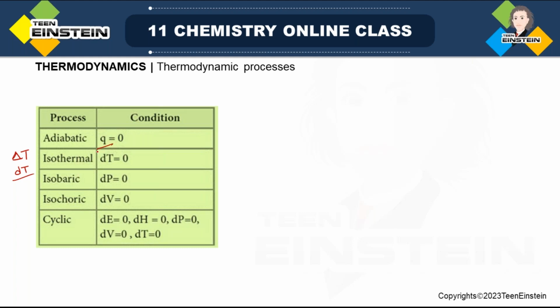But for a path function, you cannot use this type of del sign or d sign. So isothermal, no change in T; isobaric, no change in pressure; isochoric, no change in V. And when it is cyclic, everything is 0. E is basically internal energy. Sometimes in some books another letter is used, which is U. So whether it is U or E, both mean internal energy. Fine.